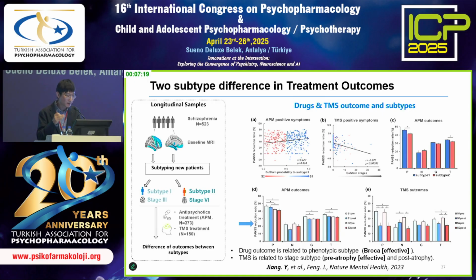And for the TMS follow-up data, we found a significant negative correlation between the SuStaIn stage and the symptom reduction. What does that mean? That means if the patient is located at an early stage of the sustained trajectory, the patient may have better treatment outcomes from TMS treatment. Because of the time, more treatment findings you can see in our published paper.